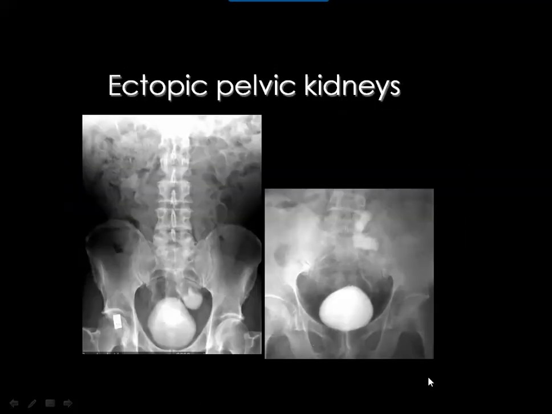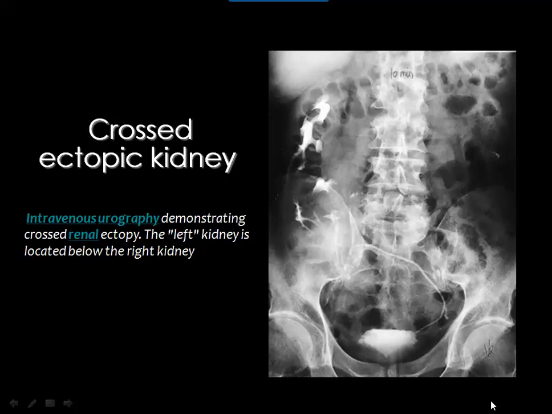Pelvic kidney is usually located against the sacral promontory, but sometimes you can see it adjacent to the urinary bladder. And this is the ectopic pelvic kidney, and this is also another ectopic pelvic kidney near the sacral promontory.